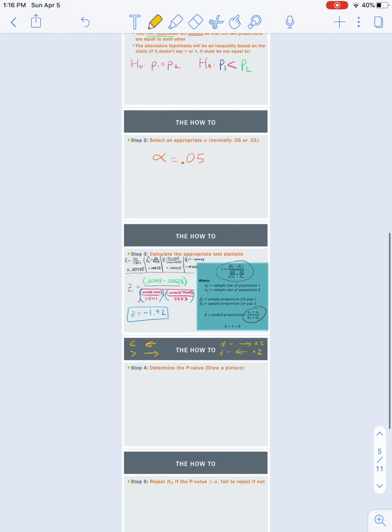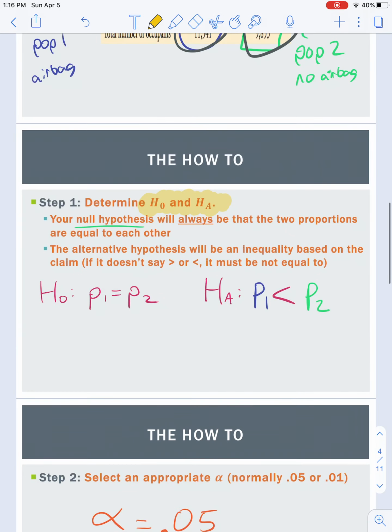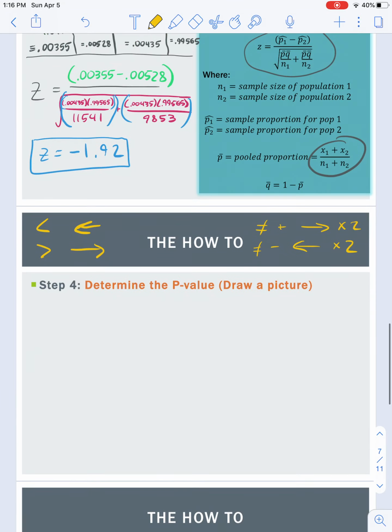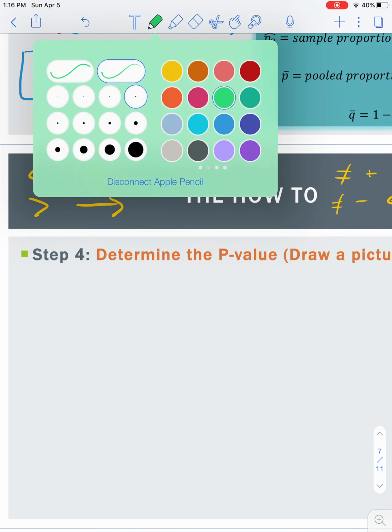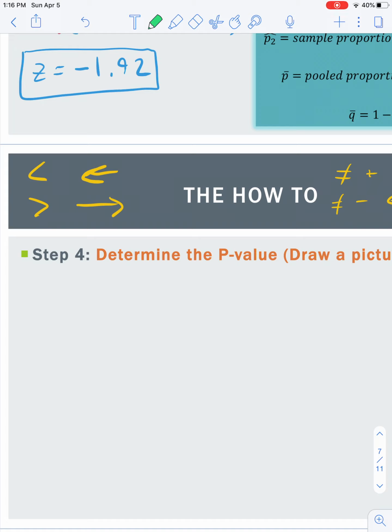So for this problem, our alternative hypothesis was a less than, so we're going to go to the left. So we're going to say normal CDF. I guess I could draw the picture for you if you want. Okay, negative 1.92, and we're going to shade to the left.